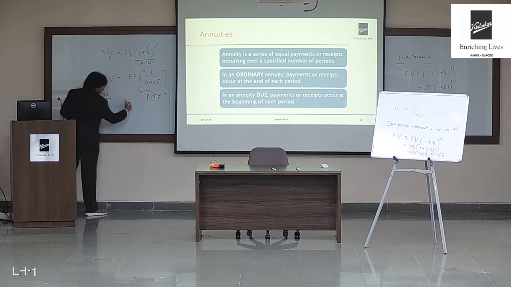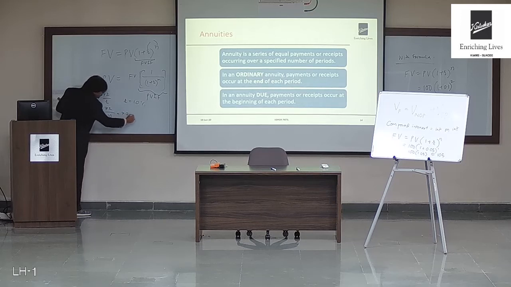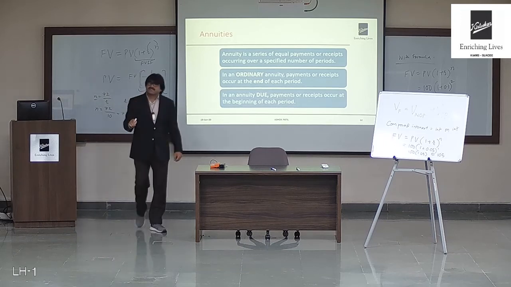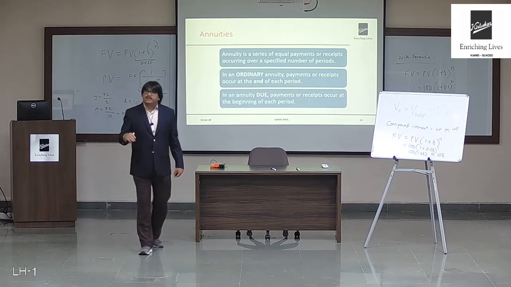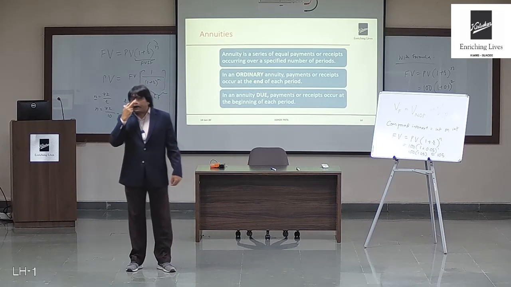What is the period in which my amount will be doubled? So how will it be calculated? 72 divided by 10 is giving you 7.2 years. So you know that in 7.2 years at the interest rate of 10%, approximately the amount will get doubled. That is, 100 rupees will become 200.